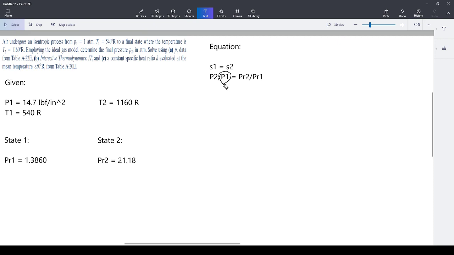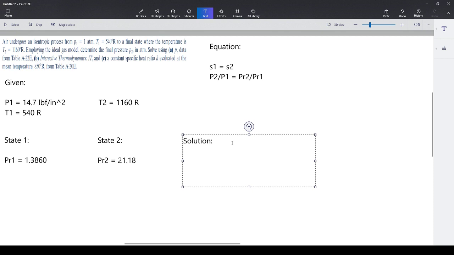We have P1 already given. We have PR2 and we have PR1. Now we just need to maneuver it around to find pressure 2. So that is the next step. We write out our equation once again with our values in it and solve for it. So let's do the solution.